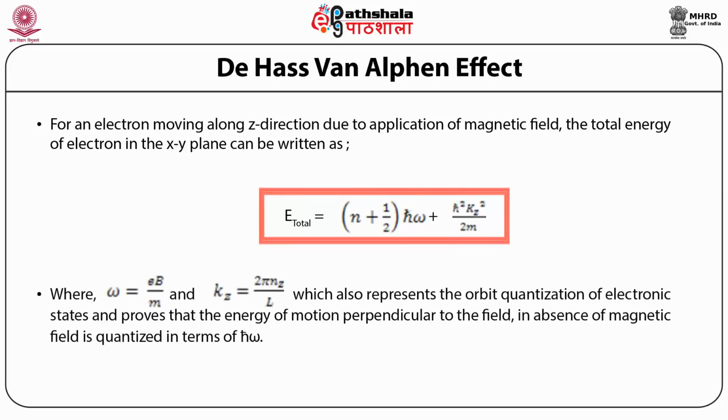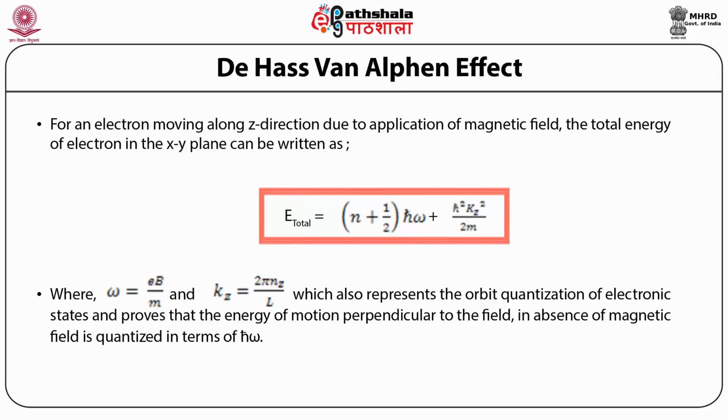So there are two possibilities, one when we are applying it in the perpendicular direction and the other in the parallel direction. So E total comes out to be (n plus a half) h cross omega plus h cross squared kz squared by 2m, where omega is eB by small m and n is the integer 0, 1, 2, and kz is 2 pi nz by capital L, the permissible values of k, where small nz is also 0, plus minus 1, plus minus 2.